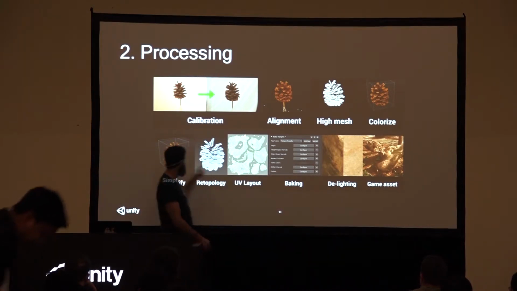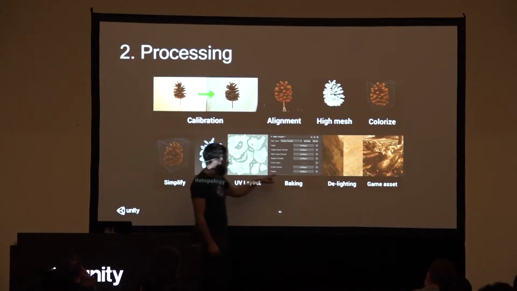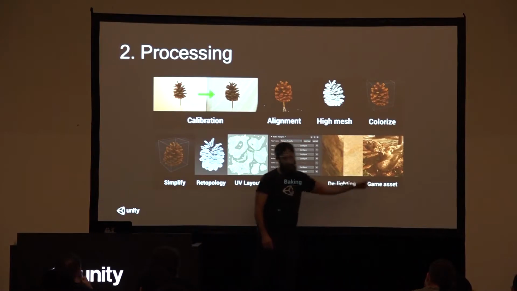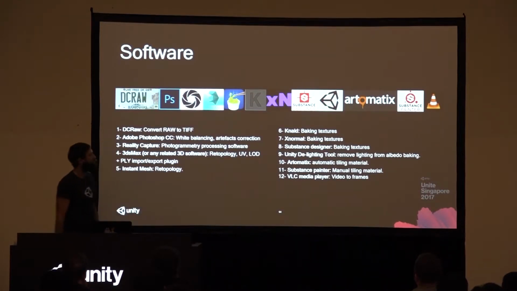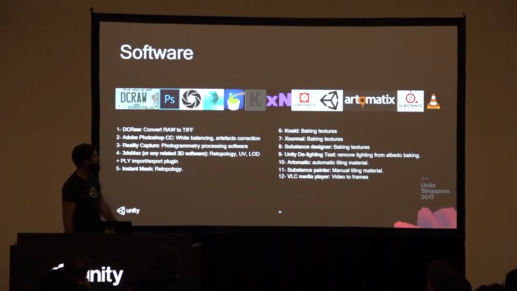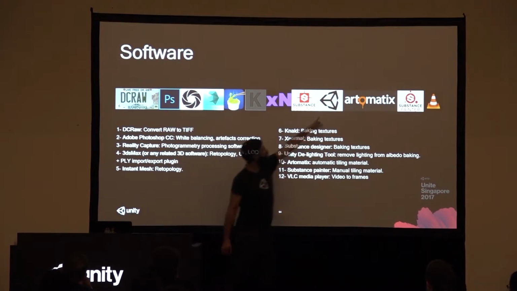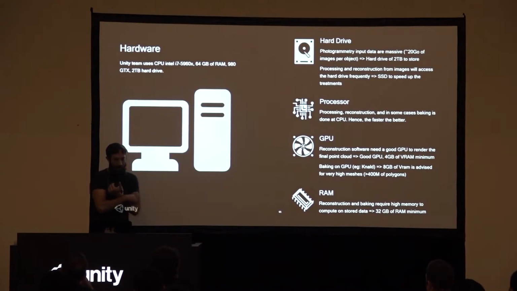Then you will bake the high resolution data onto this low resolution mesh, and then you will delight it and create a game asset. So again, unfortunately, there's not one software to do this. But what is new is that we introduce Unity in the middle of it, with a tool that I will present with you.